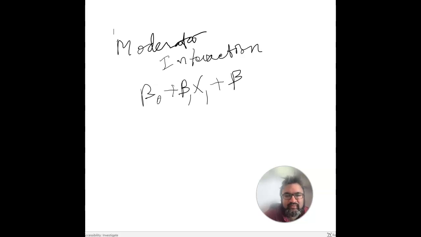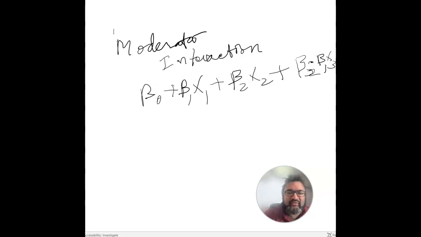Then you want to do beta 2 x2, and then add beta 3. And so beta 3 is interacting, is moderating. So beta 3 is beta 2 times beta 1, and this can be x3.